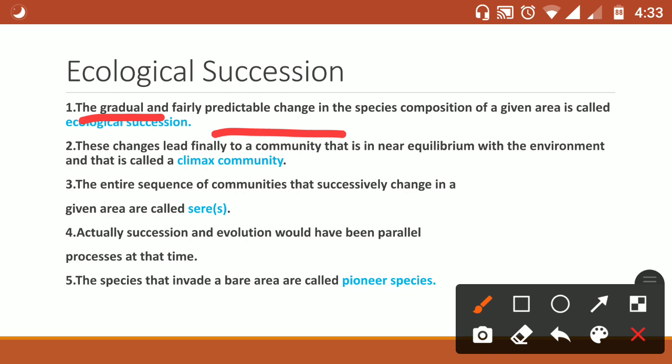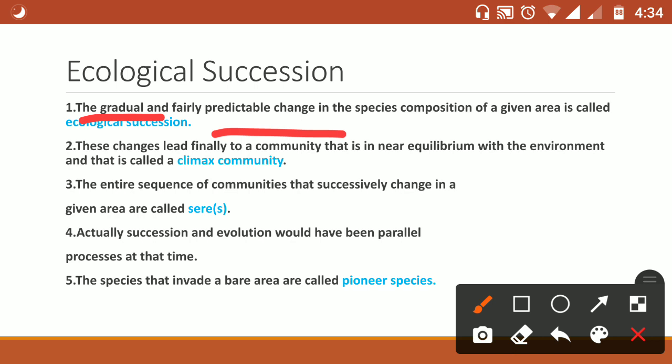A climax community is a community where there will be mesic conditions. That means neither too dry, nor too wet, neither there will be a pond, nor there will be a desert. So this is called climax community. Maybe right now this will be in doubt, but after some slides the concept will be clear.